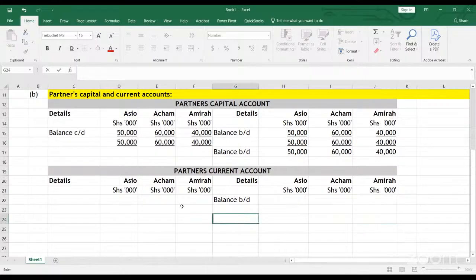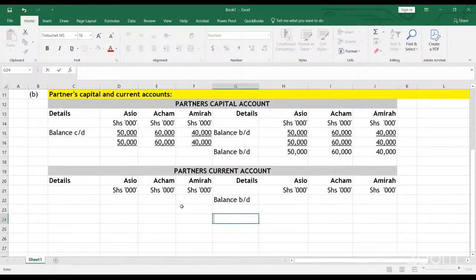Now the current account records, what does it record? We use it to record transactions that affect the partners' equity, but are not considered part of their capital.